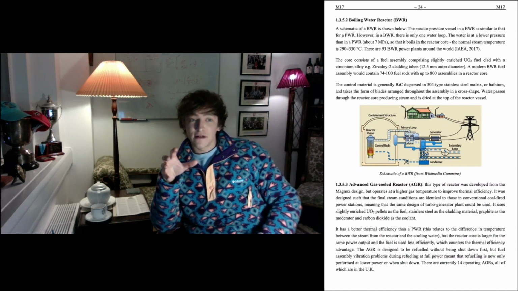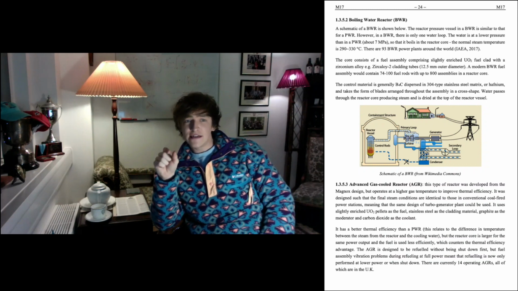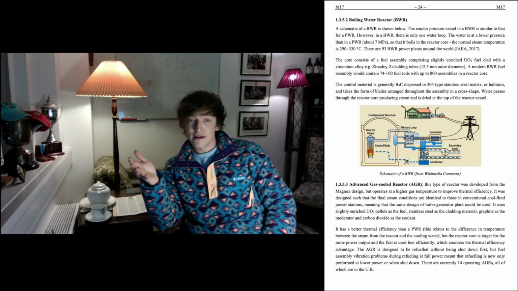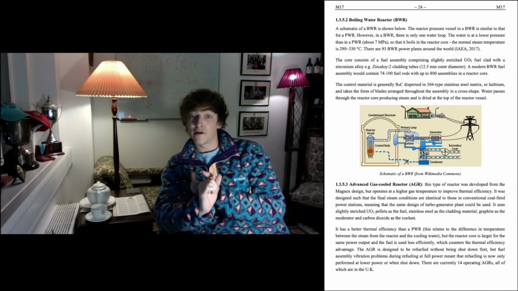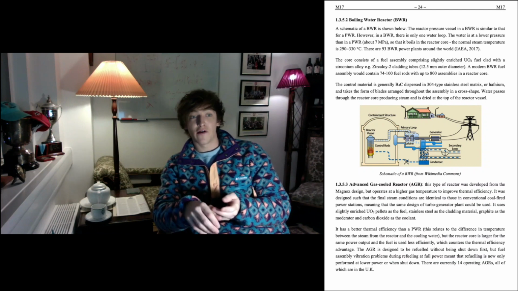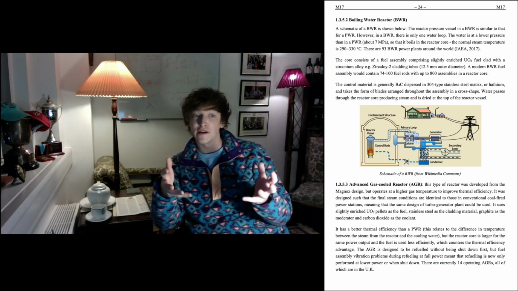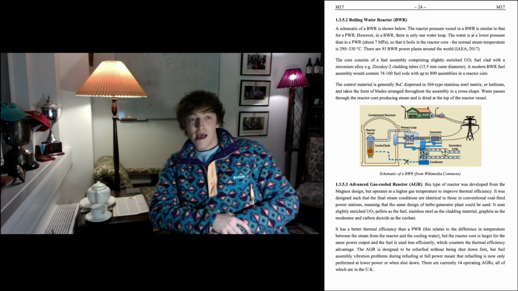But the advantages of a BWR are as follows. Having a single loop allows you to run at lower pressures, which reduces the stresses on some of your components. And so, in turn, you're going to reduce the risk of those components breaking or rupturing. Higher pressure is going to make you more liable to rupture, isn't it?